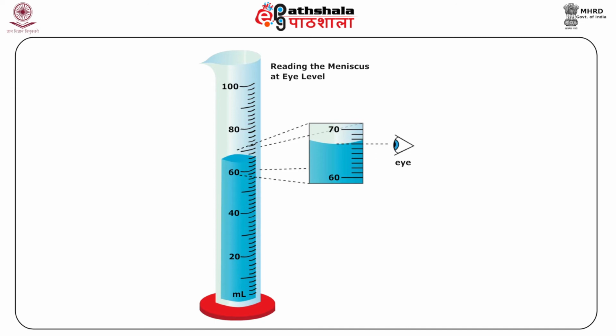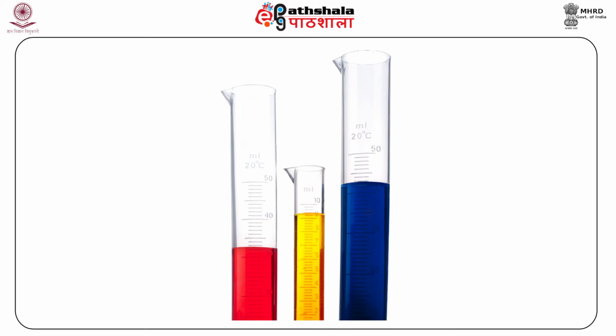This is the mark on the graduated cylinder that must be read. Use the graduated cylinder to measure the volume of colored liquid provided in each test tube. Be sure to use the appropriate number of significant figures.